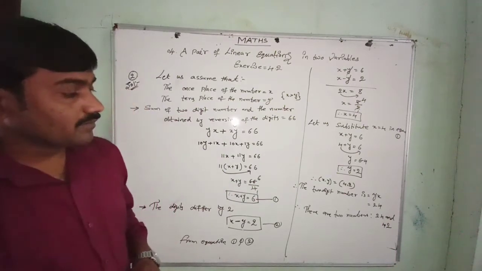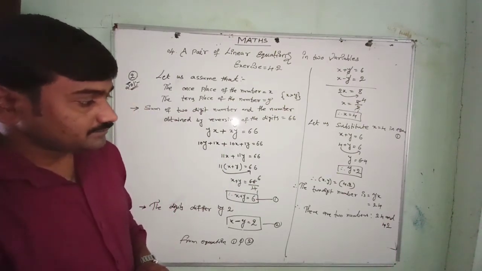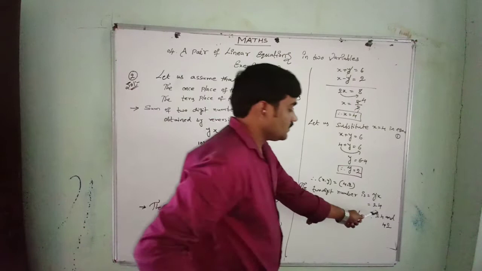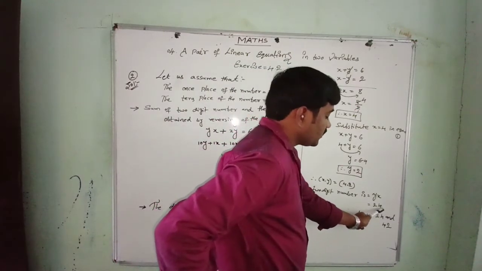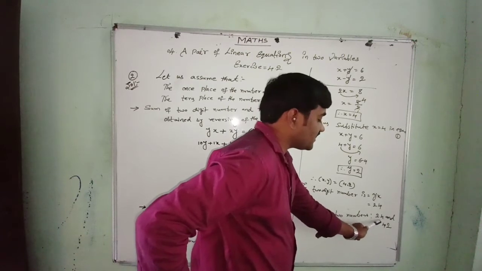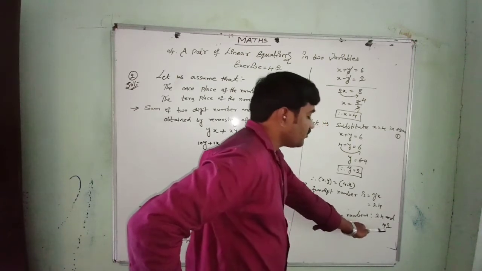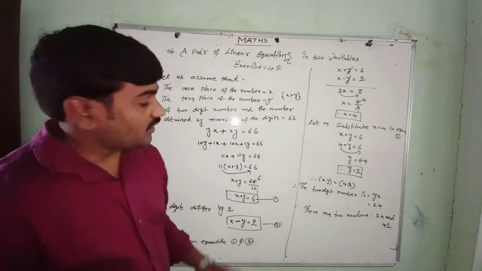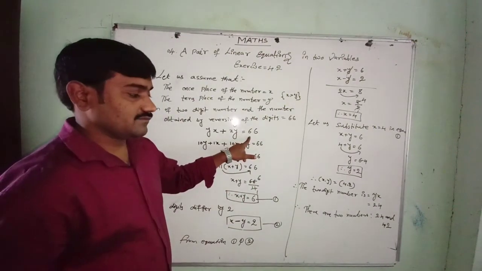See now, you add these both: 24 plus 42. 24 plus the reversal of the digits, 42. You add 24 plus 42, you will get 66.